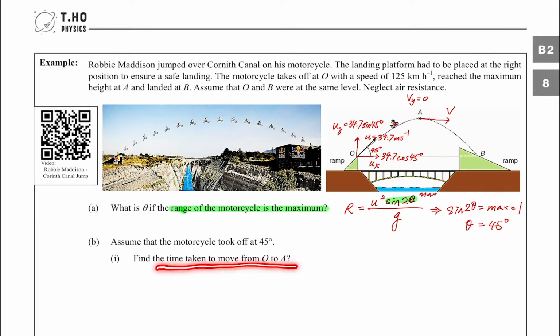So we would like to find the time taken to move from point O to point A. We can consider the vertical part of the motion. Vy equals Uy plus Ay t. And Vy is equal to 0. Uy is equal to 34.7 sine 45 degrees, and Ay is minus g.